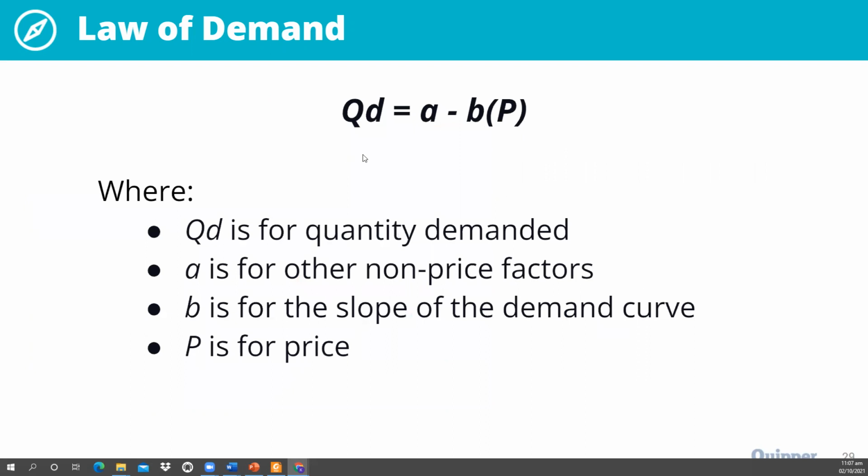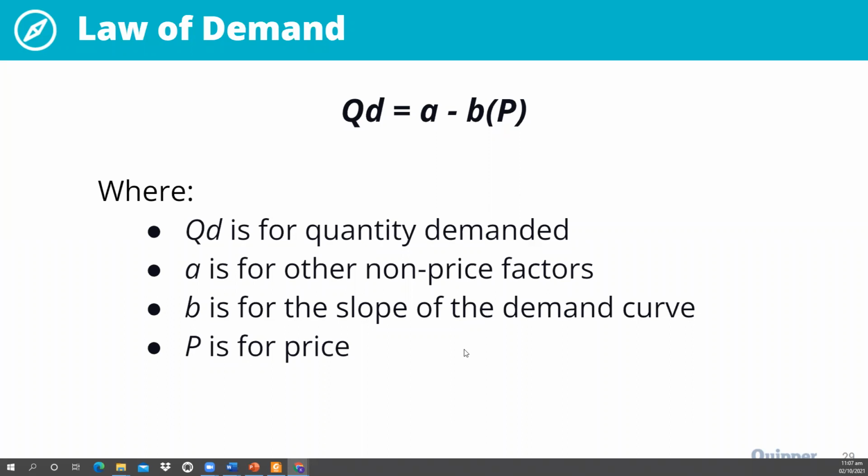So this is the equation. QD, quantity demanded, is equal to A, which is the non-price factors, minus B, which is the slope of the demand curve, times P for the price.